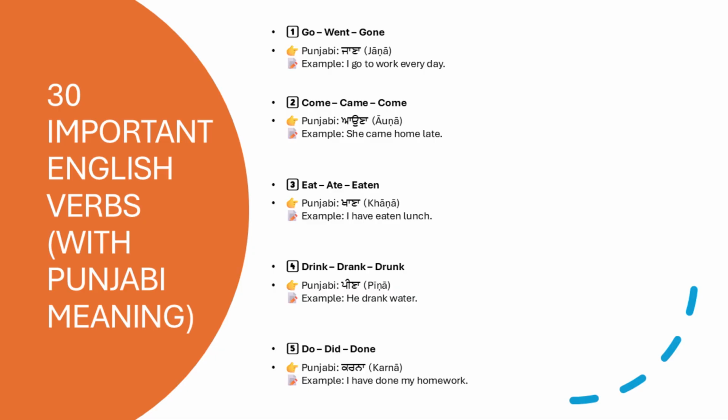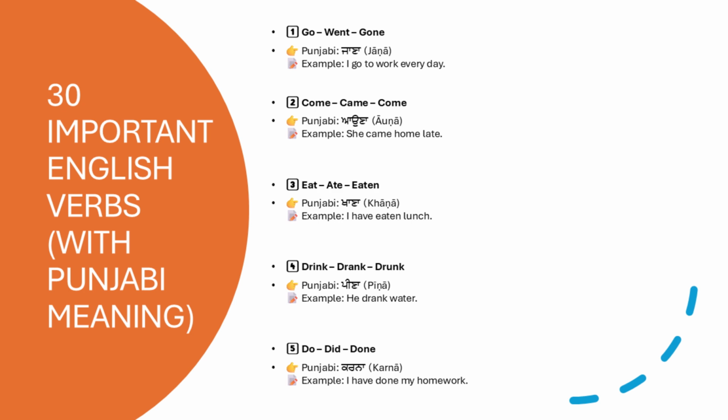Our first verb is go, which means in Punjabi, jana. The base form is go, the past form is went, and the past participle is gone. For example, I go to work every day.